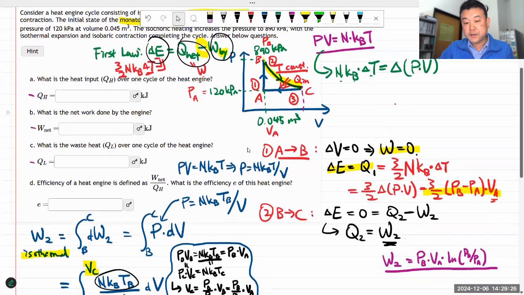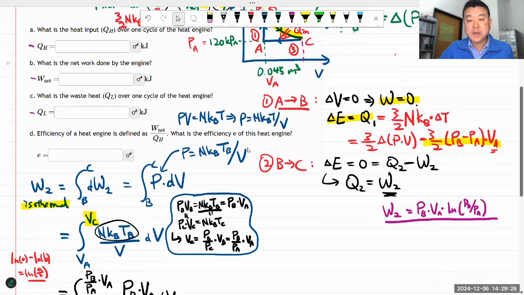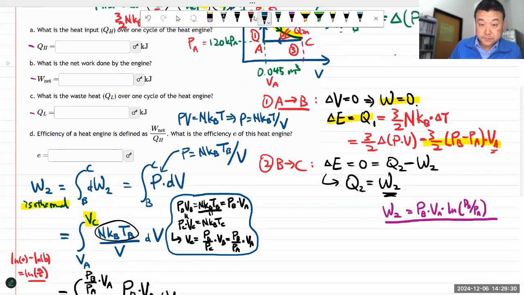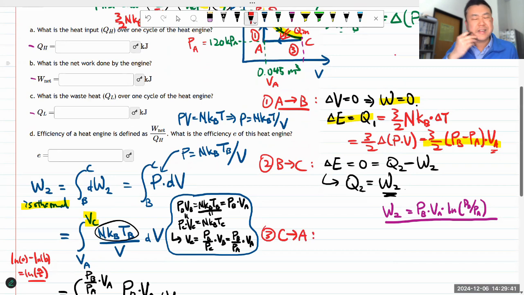Let's finally wrap up with process 3, the isobaric contraction, going from vertex C to A. In some way it's kind of more complicated. You just have to work out the amount of work being done and the change of internal energy, which will give you the heat transfer.